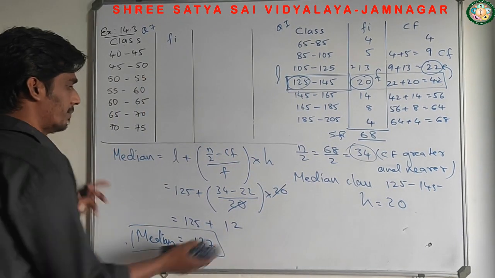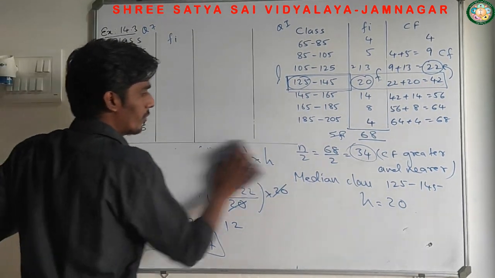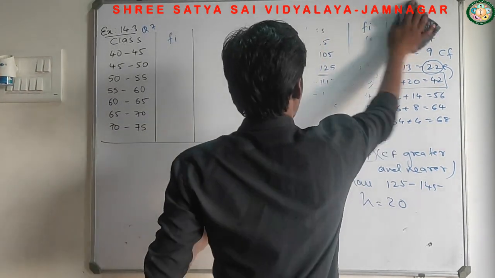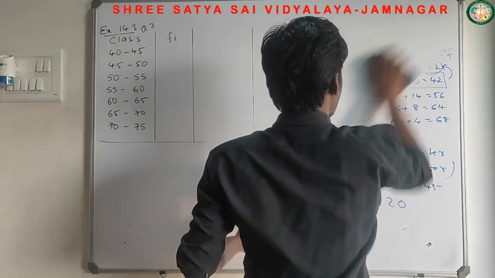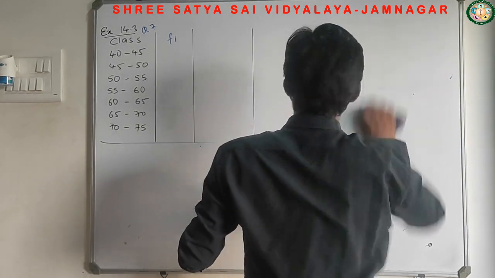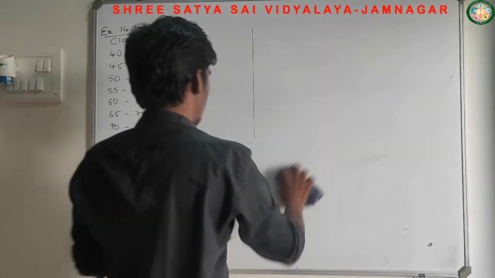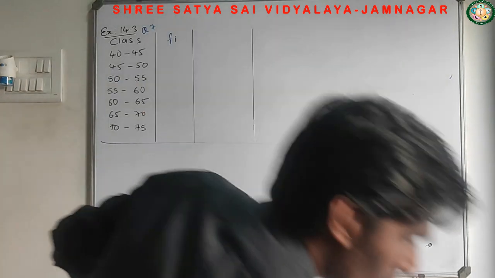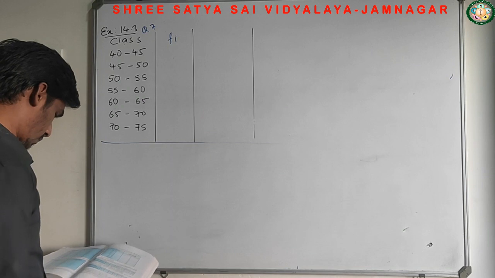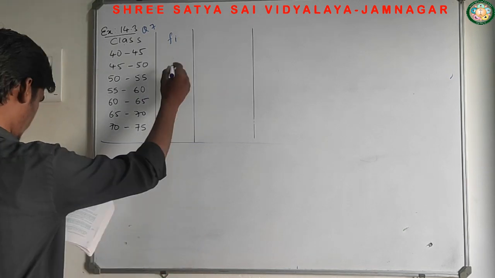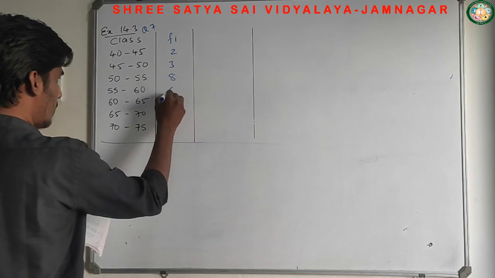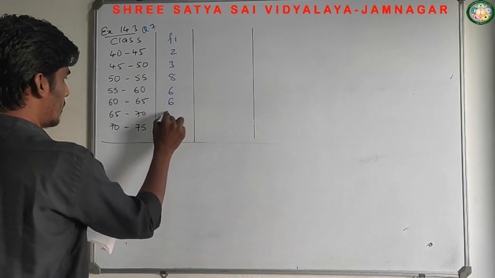Let's take one more example, the last sum of 14.3. Its frequencies are 2, 3, 8, 6, 6, 3, 2.